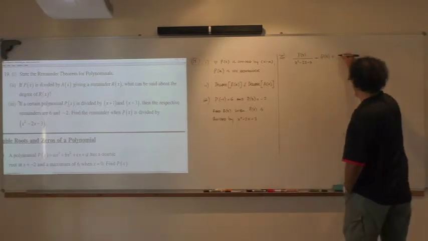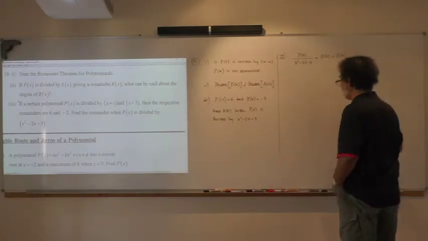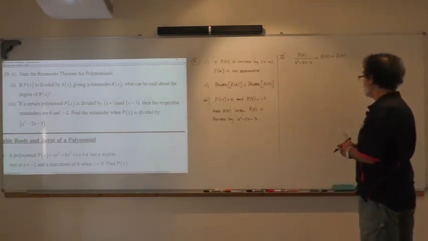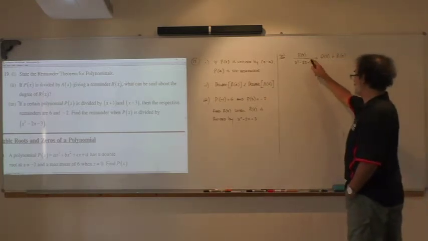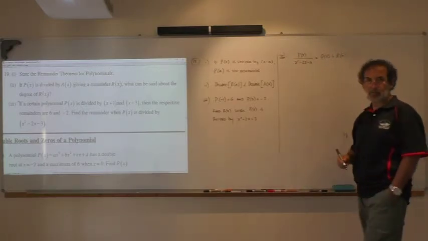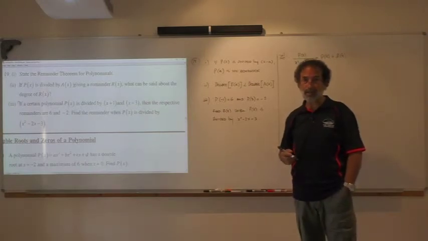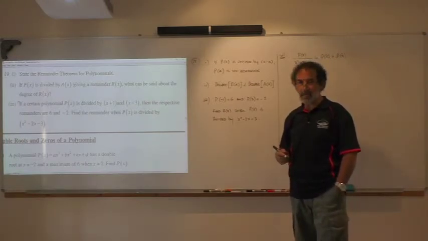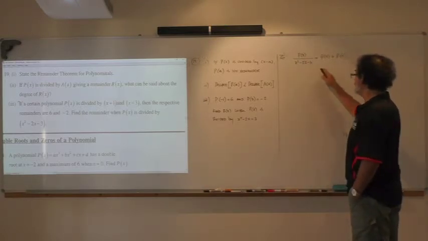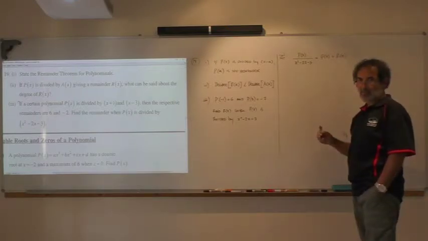Now is when we are going to use this. If we are dividing by a quadratic, a polynomial of second degree, we know that the remainder has to be of lower degree. So that means that this is going to be a linear polynomial.